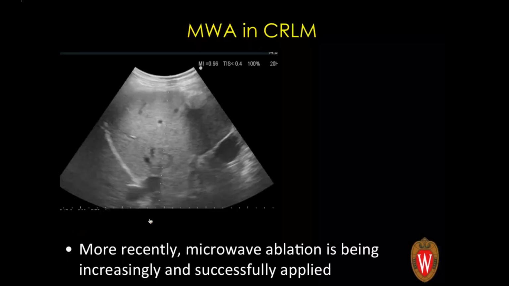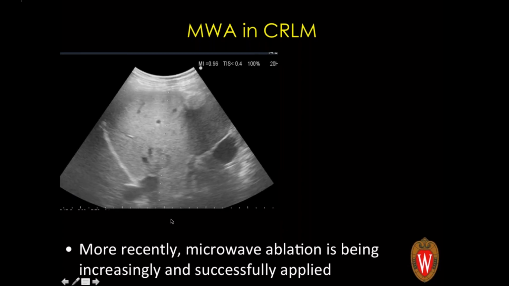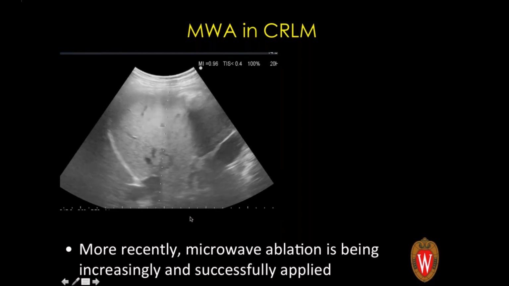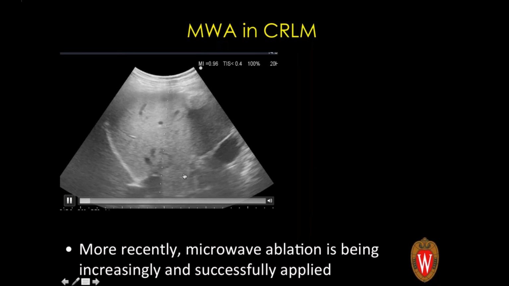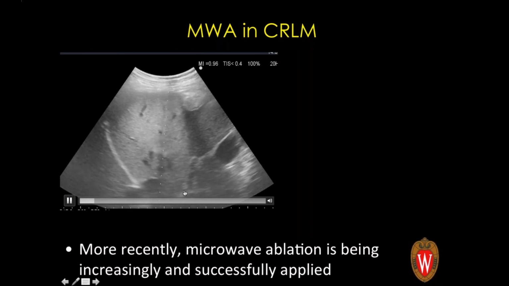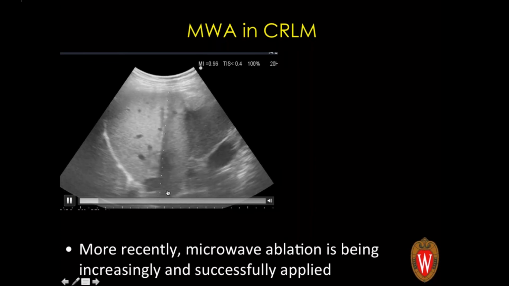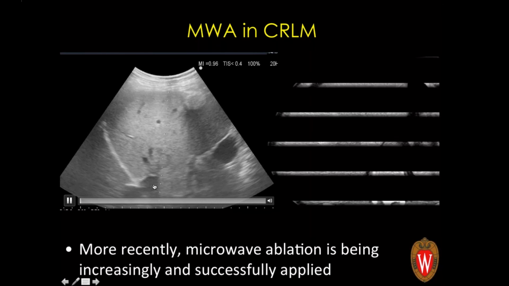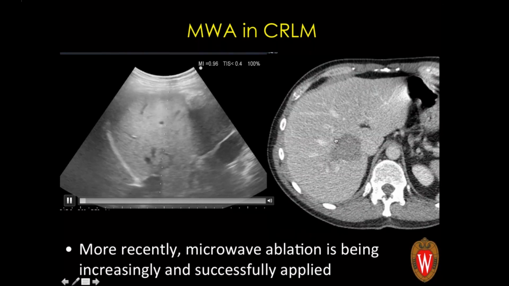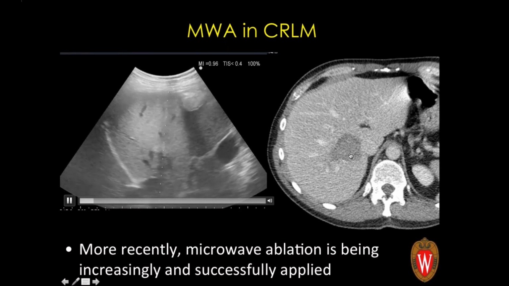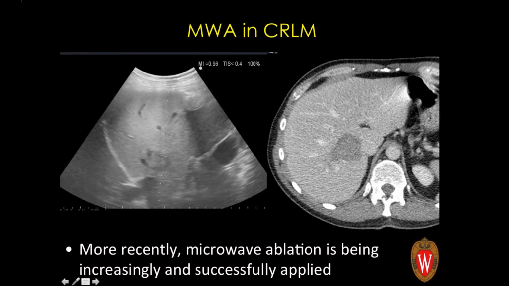This is another example of a metastasis of 3 centimeters in a very bad position for radiofrequency and for surgery. We treated it with one insertion of microwave, and the result after 8 months is this one, with a spherical ablation without recurrence.